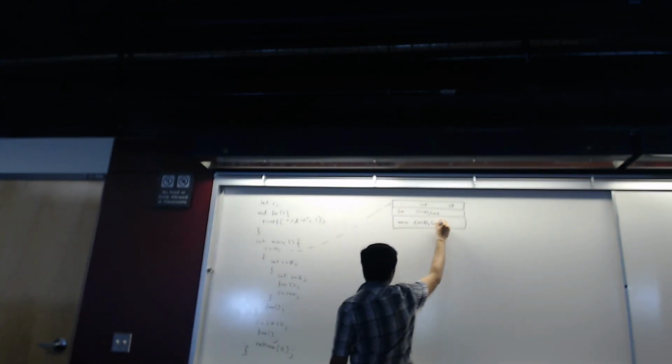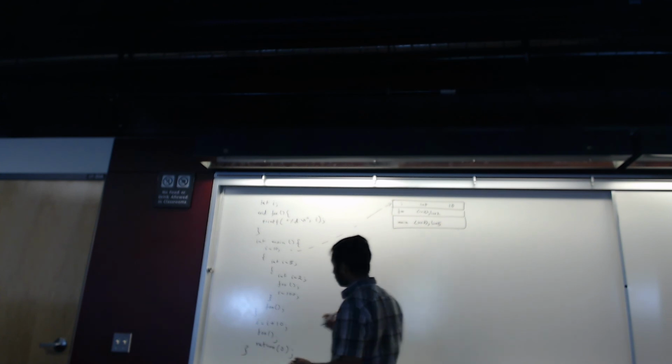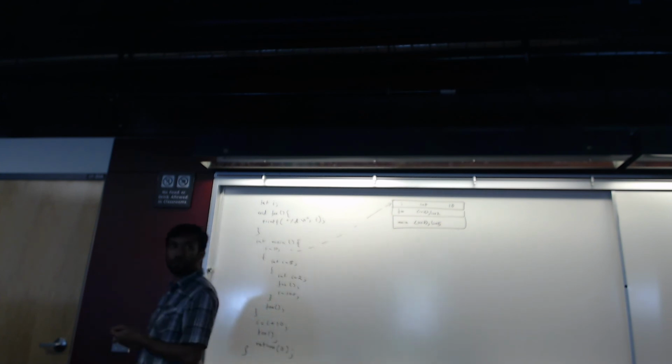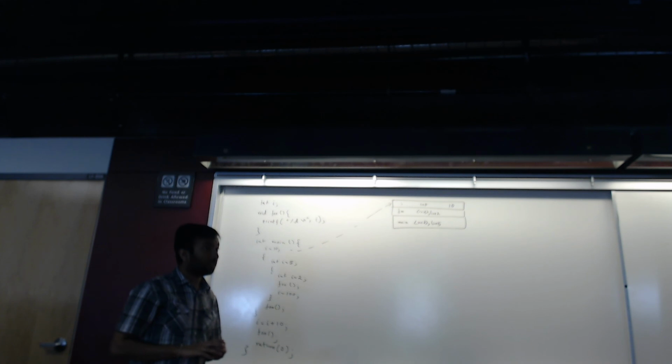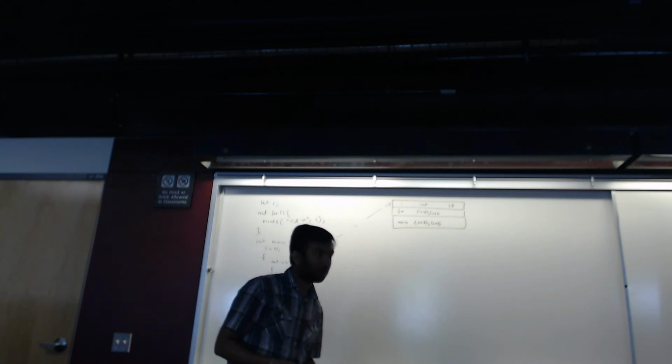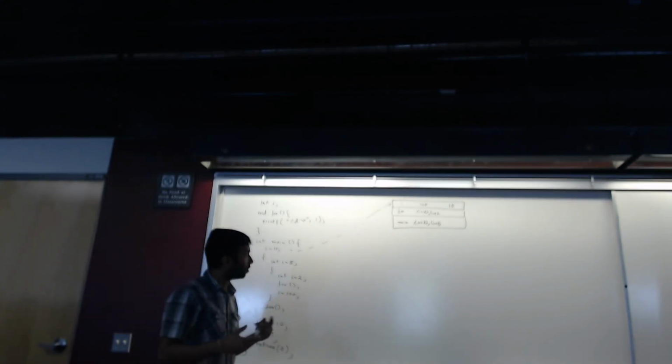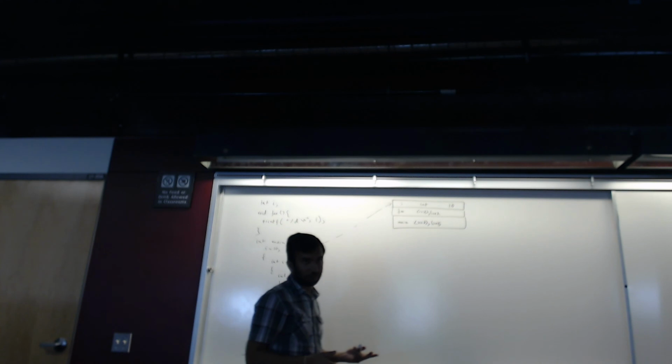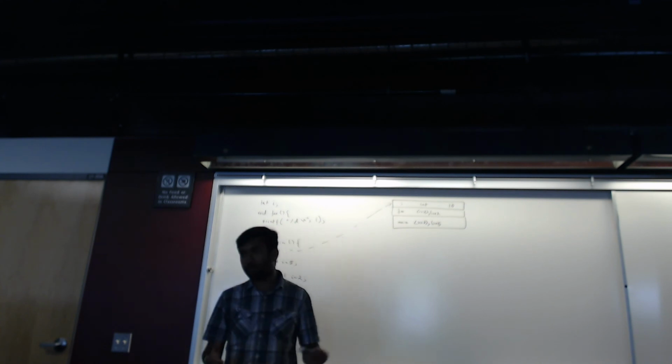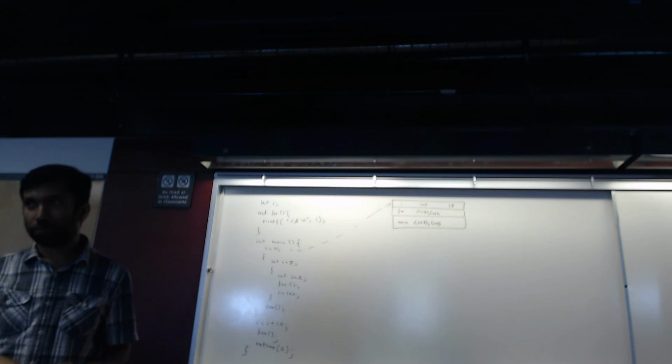Line 5. Yes, that's a good catch. Shouldn't that be int instead of void? No, function signature, remember, is the input arguments, not the return type. Return type is not a part of the function signature. That's our semantics, that's how we define it. Function signature is name and input arguments, not output, not return type.